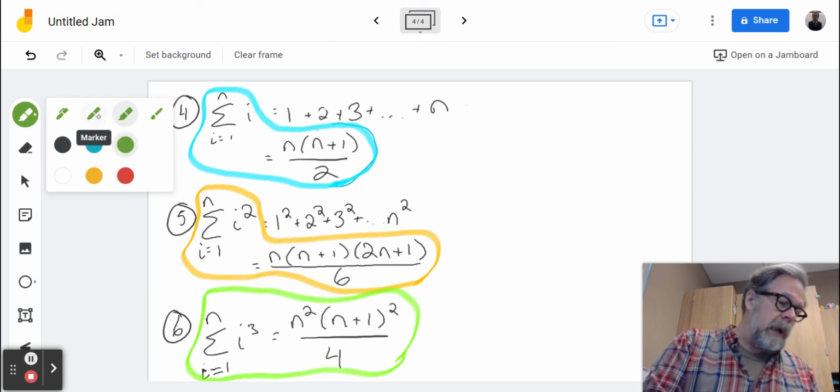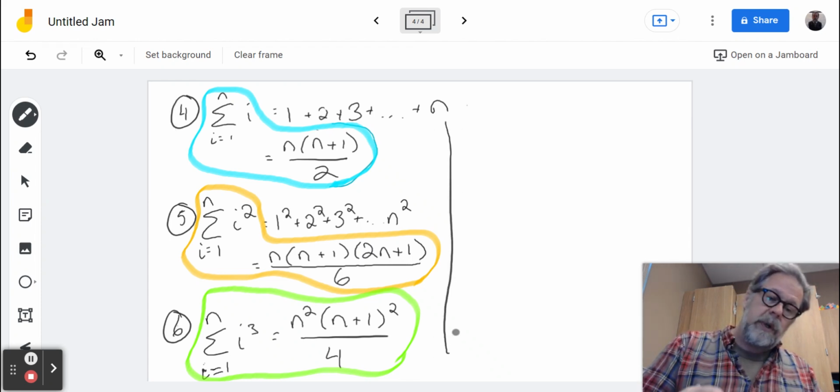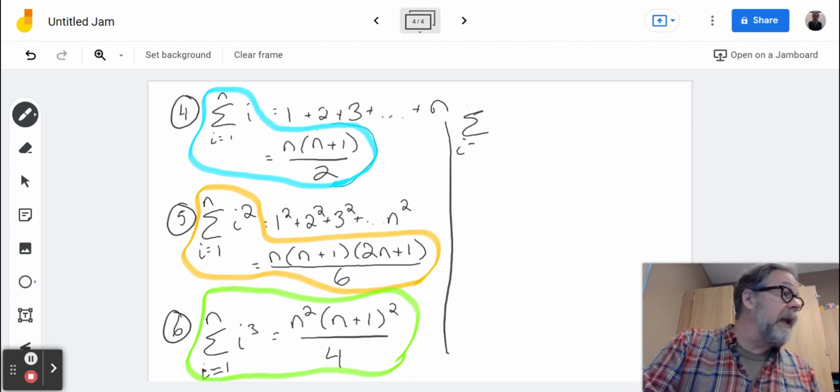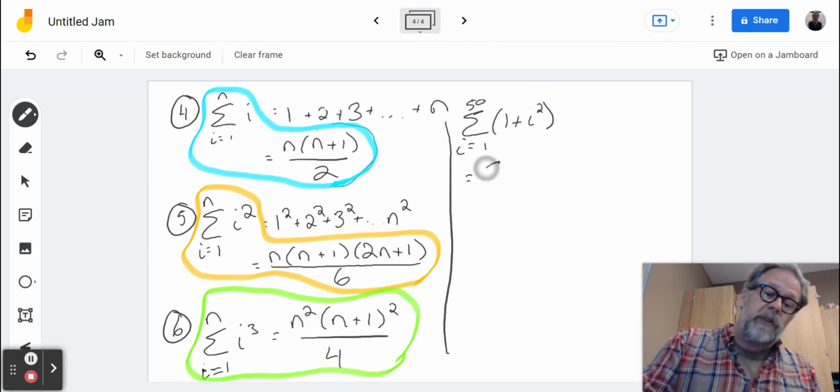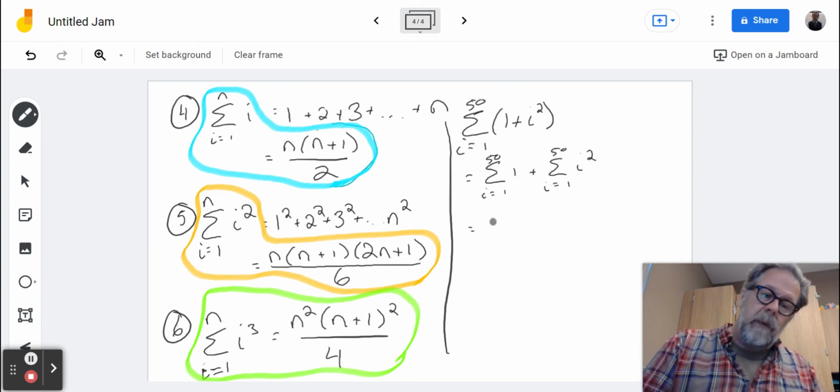So how does this work in practice? Very quickly, if I want to take the sum from I equals 1 to 50 of 1 plus I squared, that's just going to be the sum from I equals 1 to 50 of 1 plus the sum from I equals 1 to 50 of I squared. Well, this is 50 times 1.